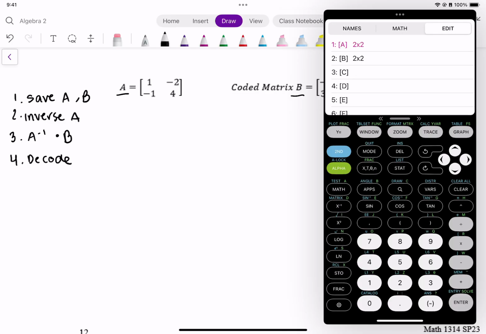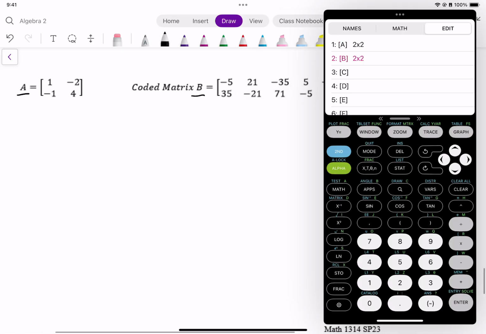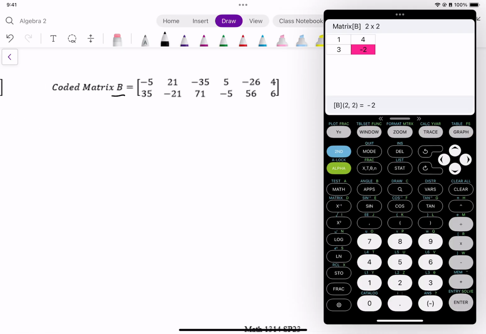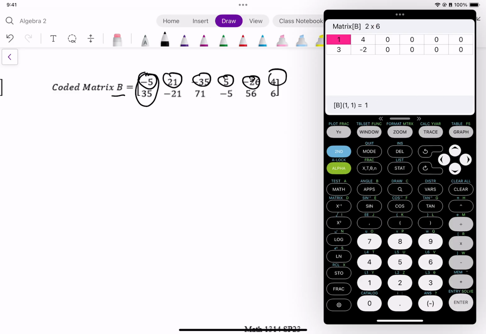Now let's go ahead and save matrix B. Okay, so this has 2 rows and 1, 2, 3, 4, 5, 6 columns. 2 by 6.